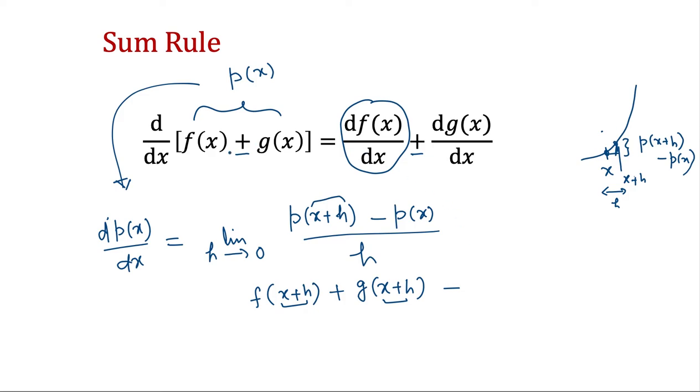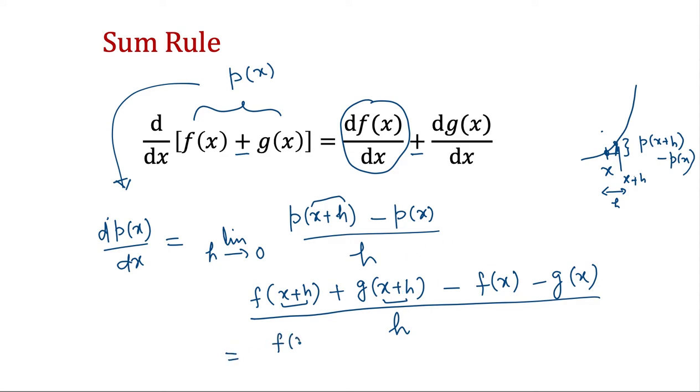So p(x) is f(x) plus g(x), with a minus here, and this combined term was plus, but we have removed that bracket, so everything becomes negative, divided by h. Now let's rearrange the terms.